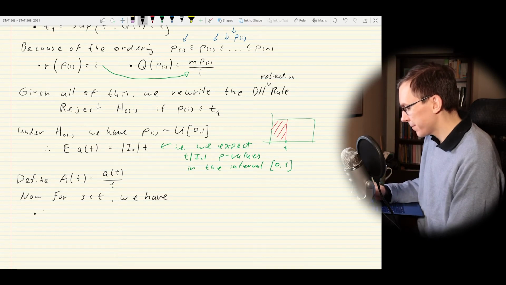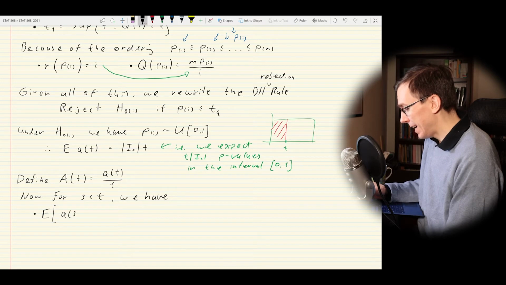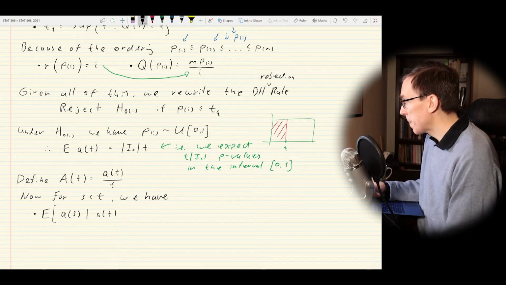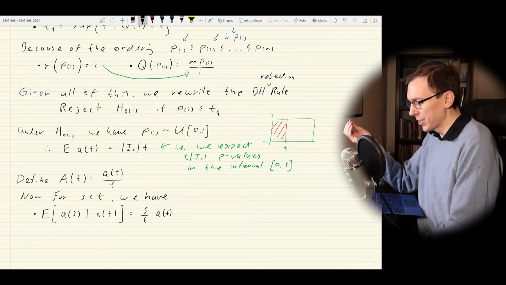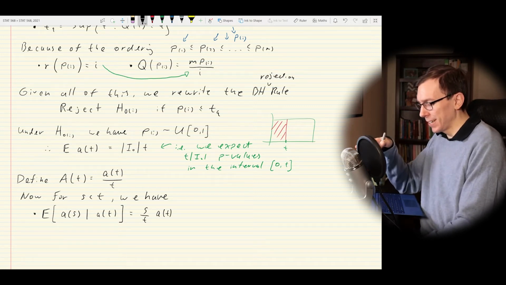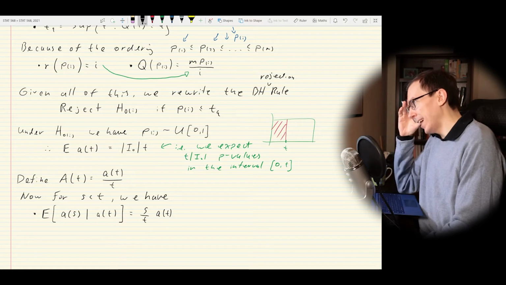First, the expected value of AS given AT is going to equal S over T times AT. Remember, this is a conditional expectation, so we're conditioning on AT. So why would that be true?